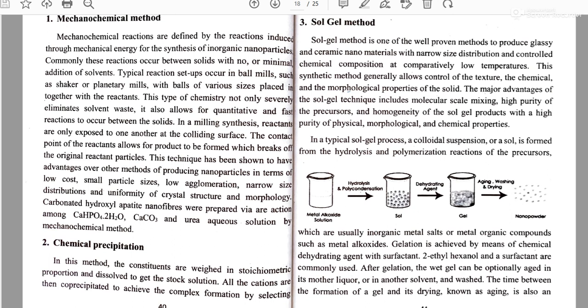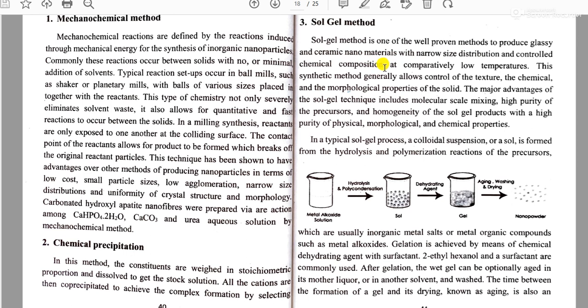Then the third technique is the sol gel method. This is a very important technique, and it is widely used for producing glassy and ceramic nanomaterials with narrow size distribution and controlled chemical composition at comparatively low temperatures. The major advantage is that the sol gel technique requires only a low temperature when compared to all the other techniques.